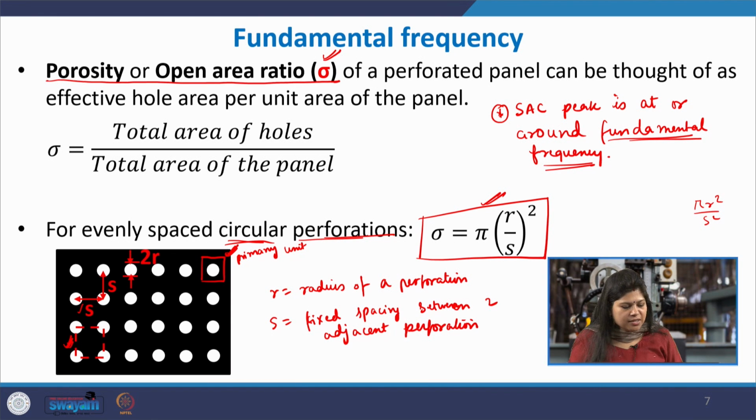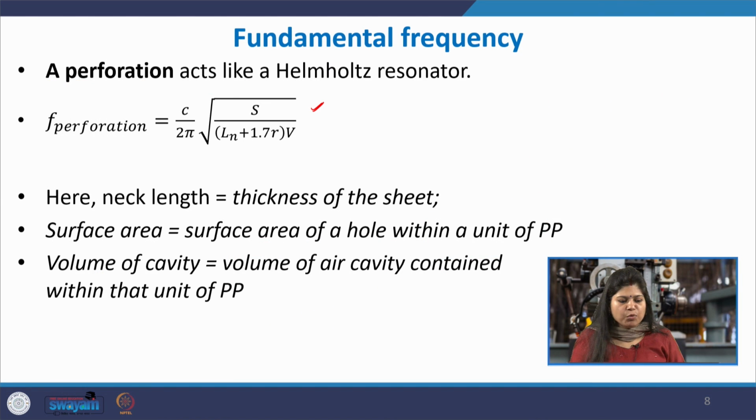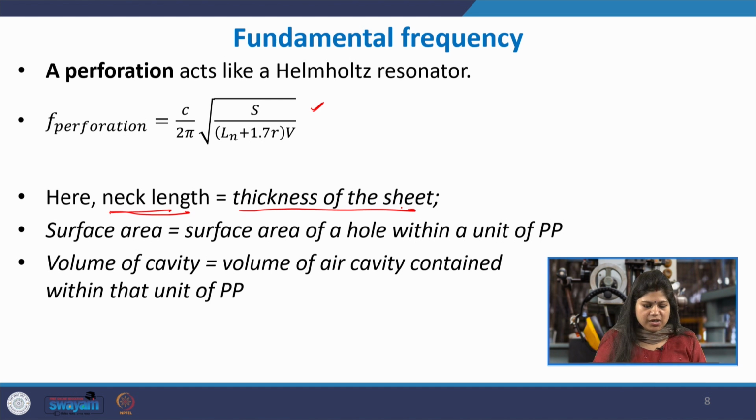So, we already see the porosity for that repeating unit, and this is our formulation for the Helmholtz resonator. So, here the neck length for that repeating unit is simply the thickness of the sheet. The surface area then becomes, because the air is entering through a circular perforated hole and the air is entering inside the cavity, that hole is the opening of the neck.